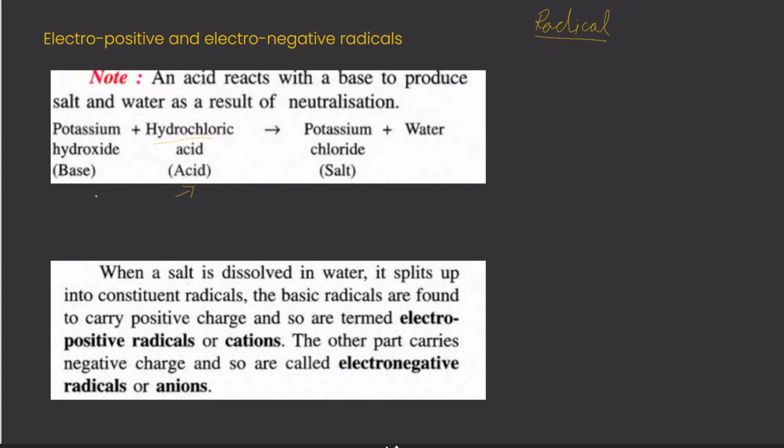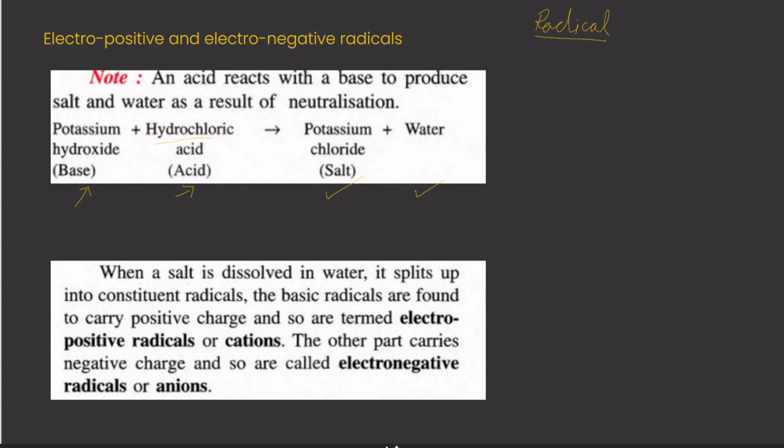And potassium hydroxide is a strong base also. When an acid reacts with a base, the product that we get is known as the salt. So what is the salt we get here? Potassium chloride. So when an acid reacts with the base, the product we get is a salt and water.